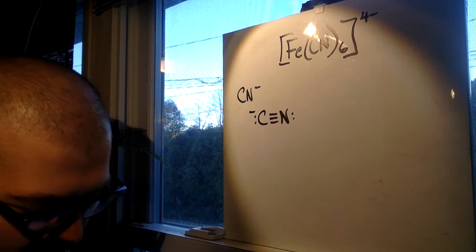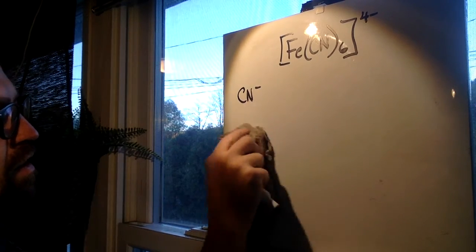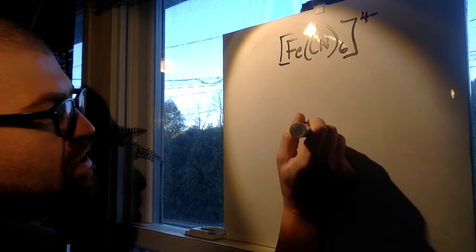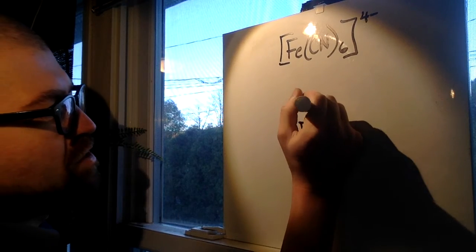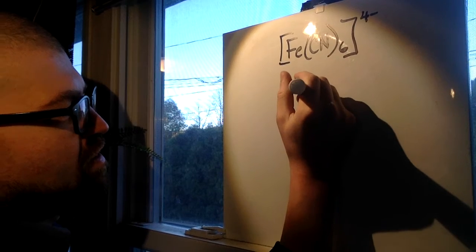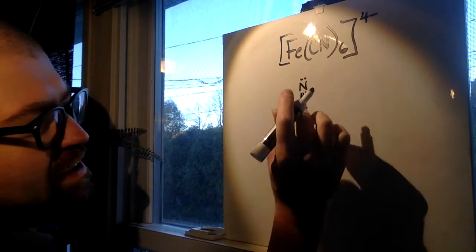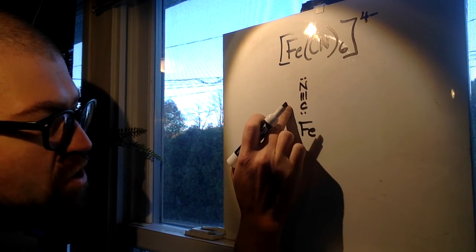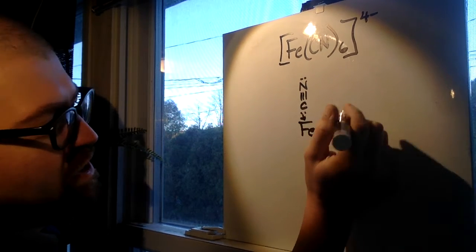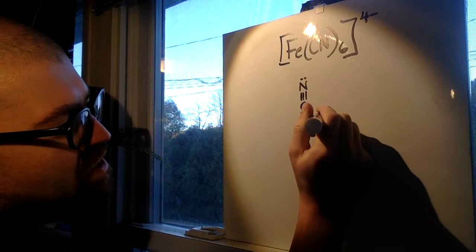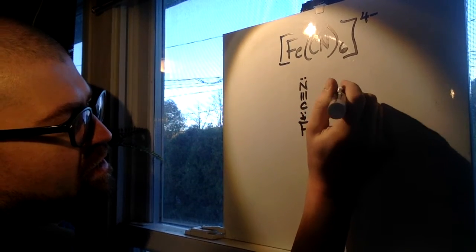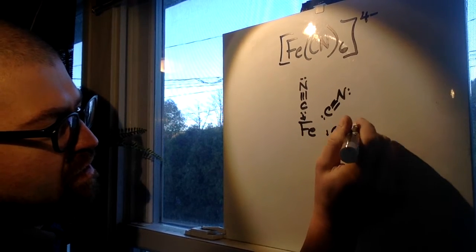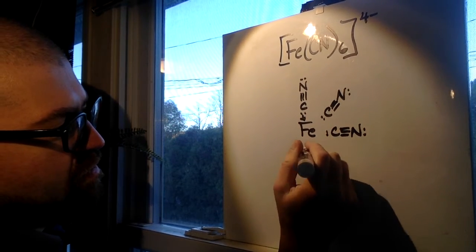So with that in mind, we can draw iron in the center, and you can immediately see we'd have the carbon end, since it's negatively charged, being drawn to the iron, and we can go ahead and do that around it.